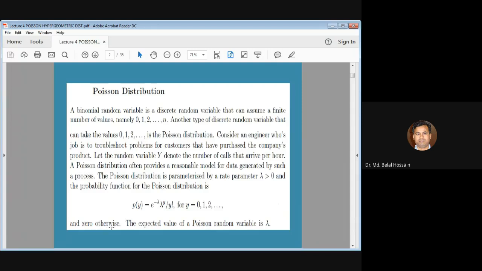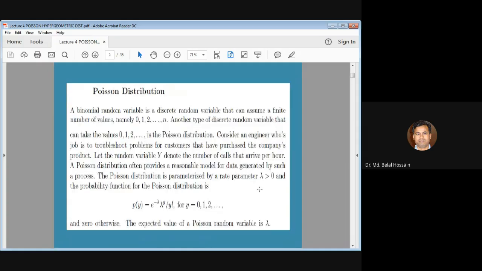This is a very easy and simple distribution. The expected value of a Poisson random variable is lambda. That means the mean, the average value, is lambda, the rate parameter.